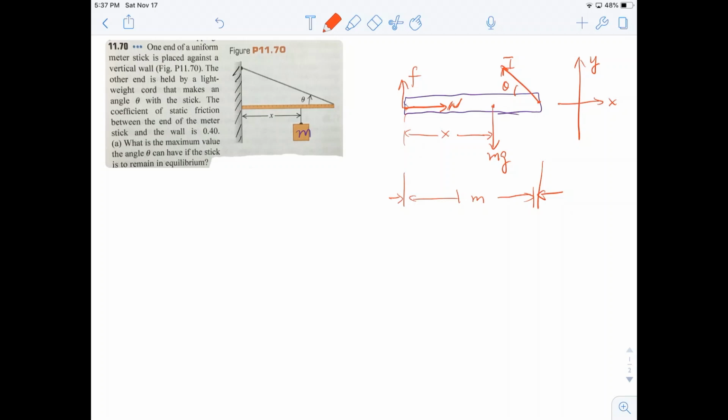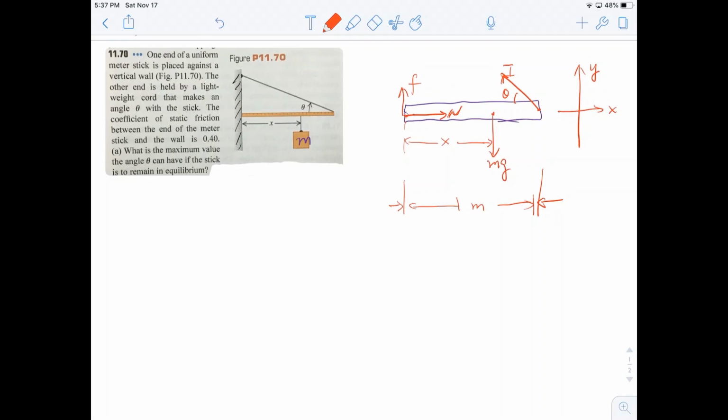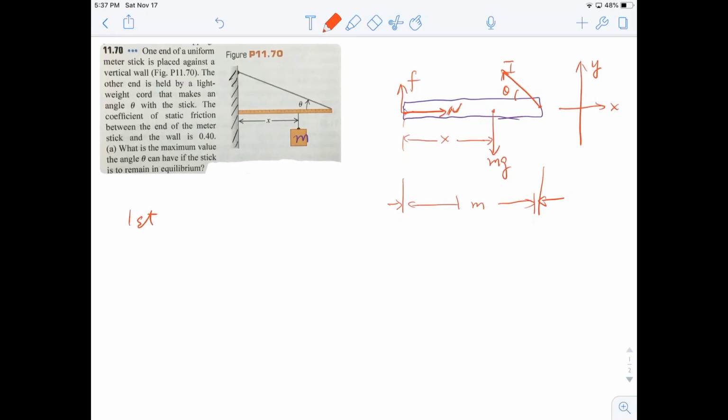Now let's apply what we have learned. We need to use the two conditions for equilibrium to solve this problem. The first condition is that all the forces in the horizontal x direction sum to 0, and all the forces in the y direction also sum to 0.